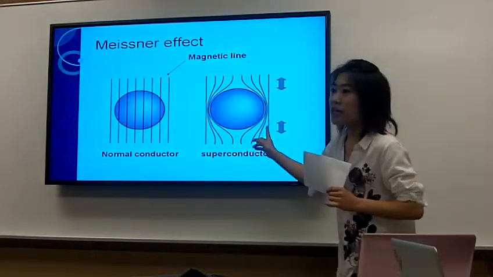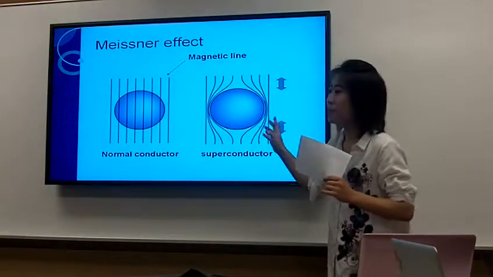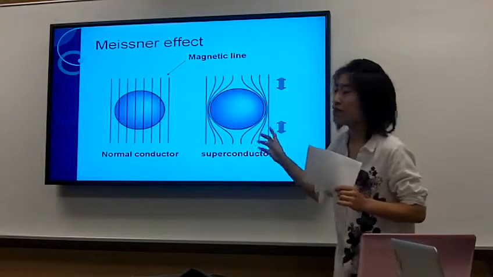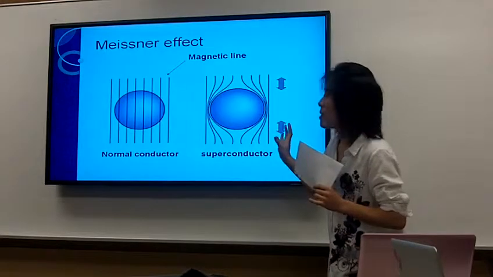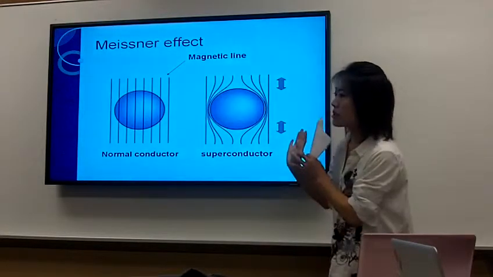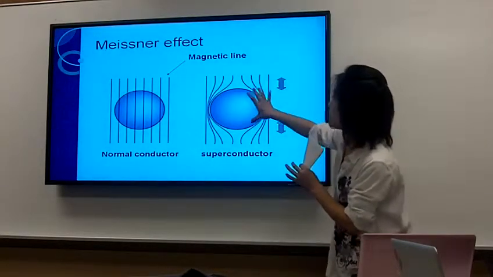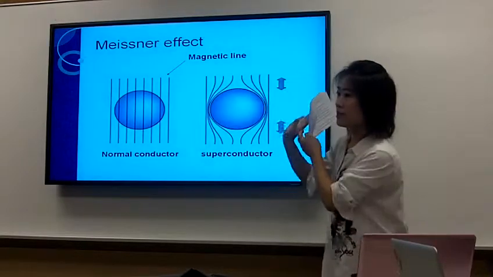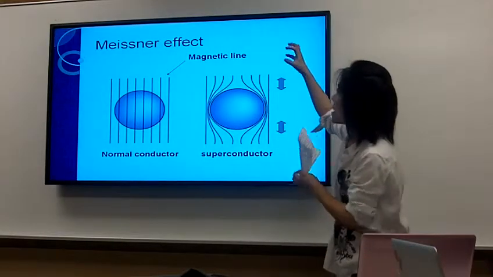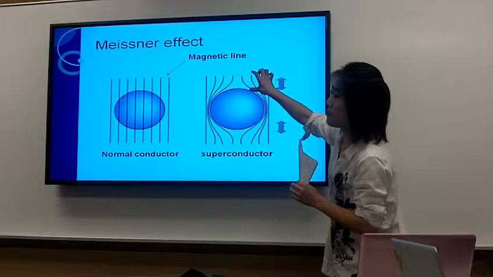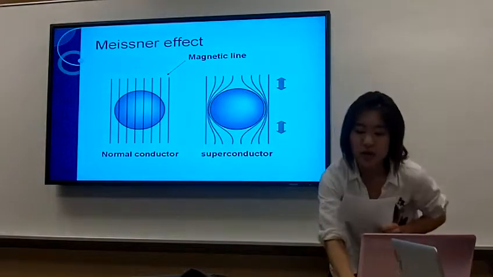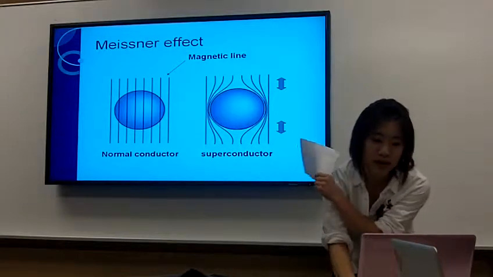But for a superconductor, because of its special character, it blocks the magnetic field lines. So what will happen? There's a force. That means a superconductor can block the magnet, so when the magnet approaches, it cannot come closer. There's some distance.